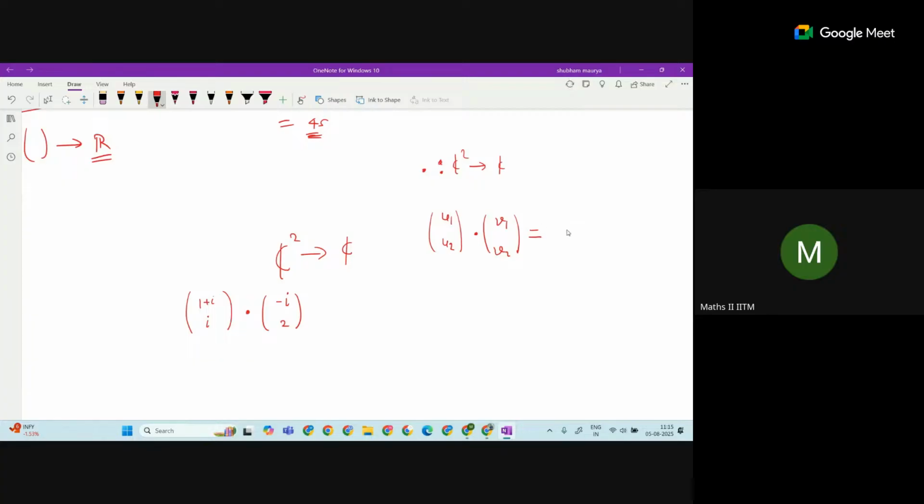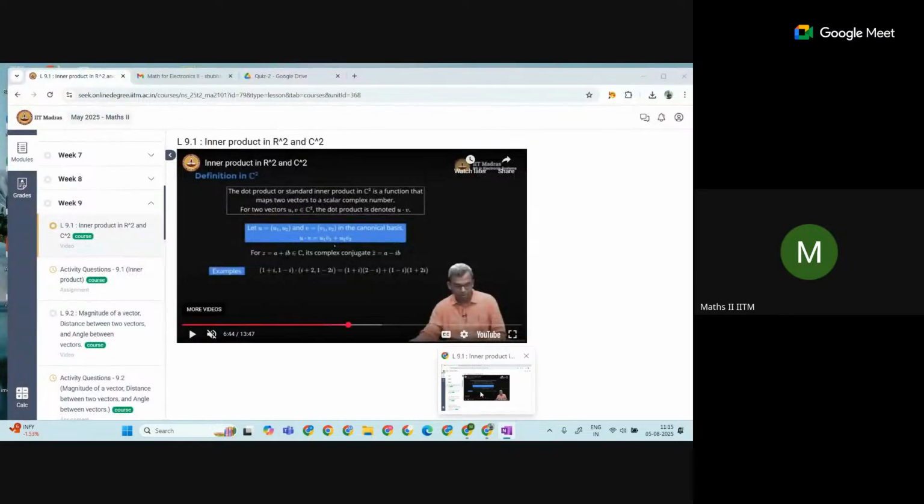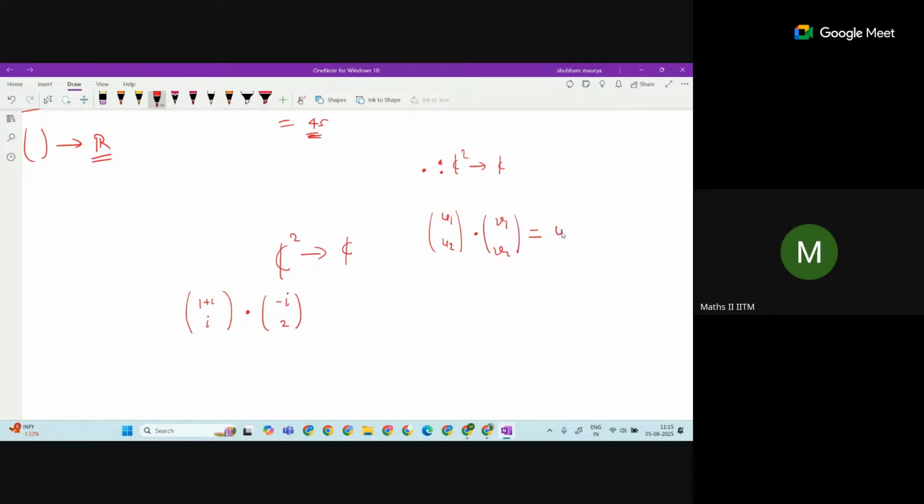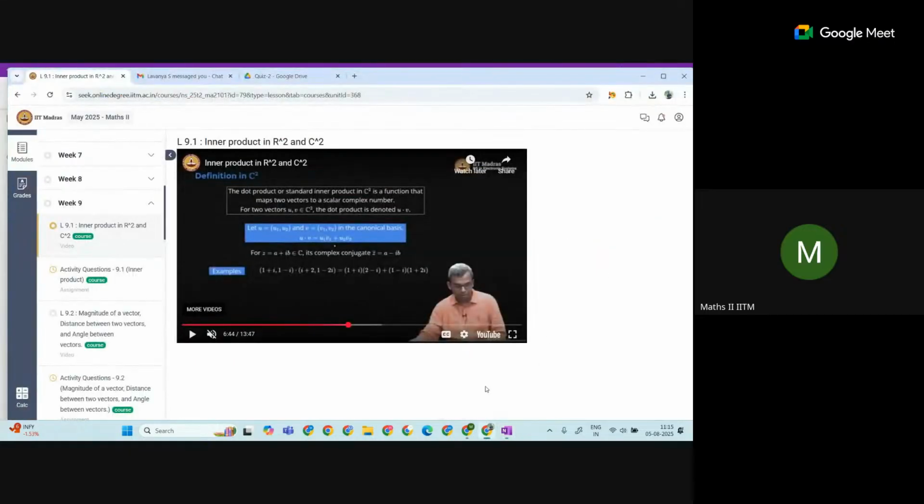u1 times the conjugate of v1, plus u2 times the conjugate of v2. Is it correct? Yes, that is what it is. u dot v.